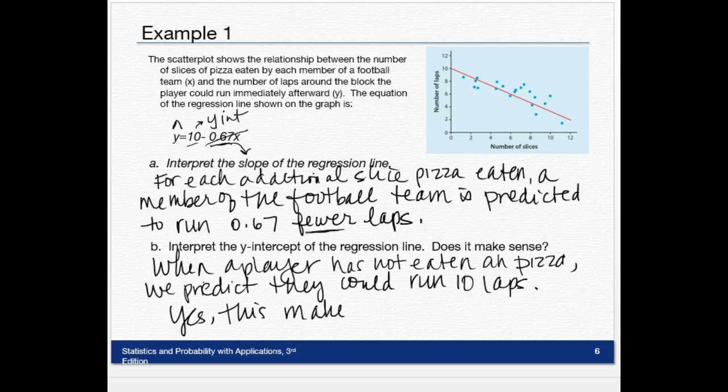That's all you have to say. It makes sense because 10 laps is plausible. Meaning it's logical. It could happen, all right? So if it wasn't plausible, you'd have to tell me why it's not plausible, okay? But you're going to have a lot of practice with this with the worksheet today. So hopefully that makes some sense, and we'll do some more examples in class.